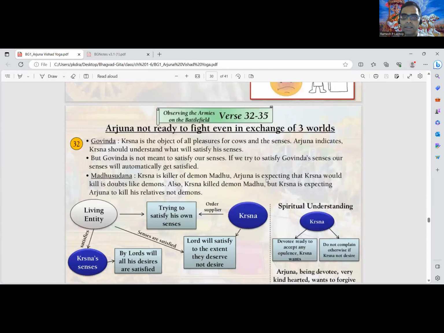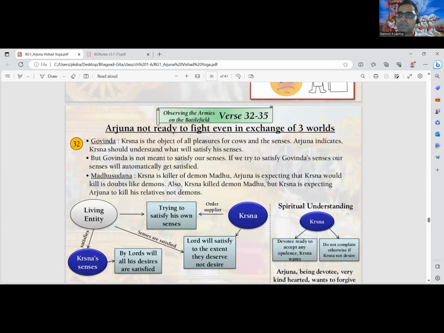And he even says, I'm not ready to fight, even if you give me in exchange all three worlds to live in above the earth. Even if you give me all three worlds, I'm not interested to fight.